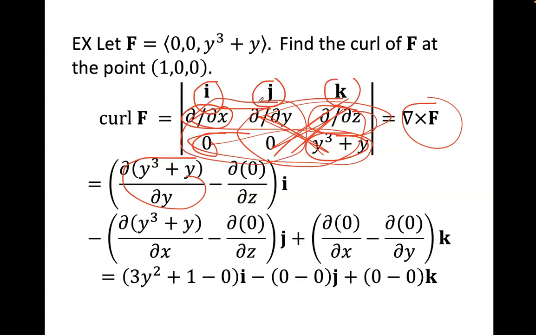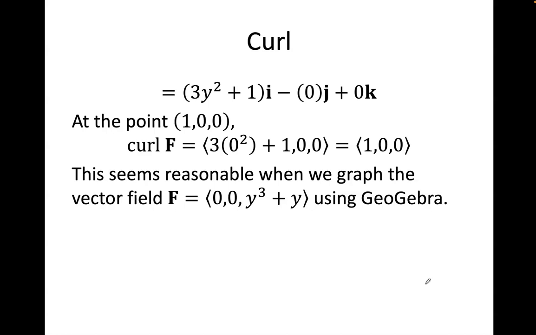Partial derivative of 0 with respect to x minus the partial derivative of 0 with respect to y, times k. So we end up with 3y squared plus 1 minus 0 times i, minus 0 times j, plus 0 times k. That simplifies to (3y squared plus 1)i minus 0j plus 0k.